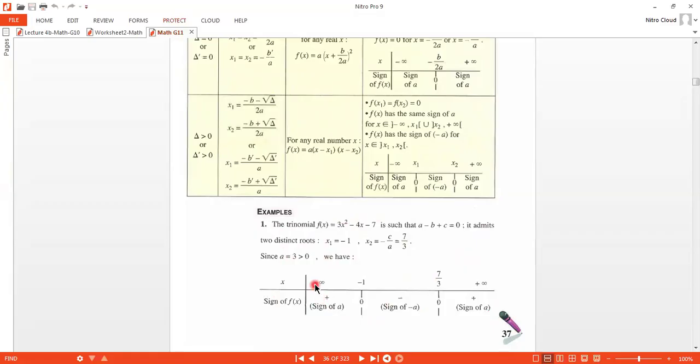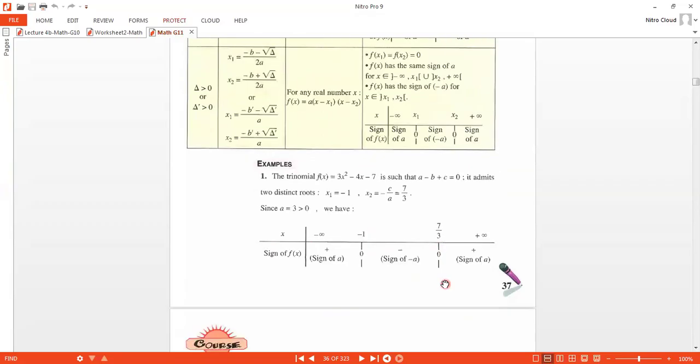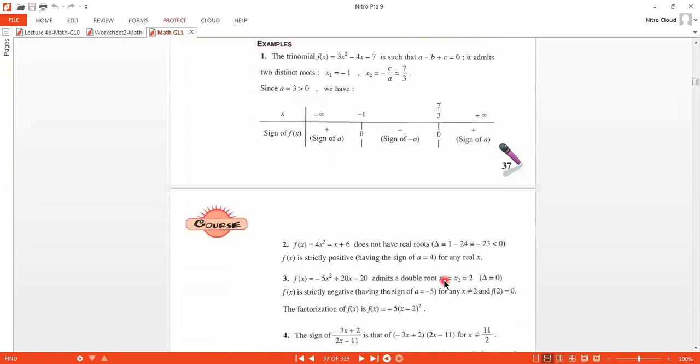It's positive between minus infinity and minus 1, union 7 over 3 and plus infinity, and it's negative between minus 1 and 7 over 3, according to the delta, of course. And it's equal to 0 at minus 1 and 7 over 3. That's how we study the sign of the trinomial.